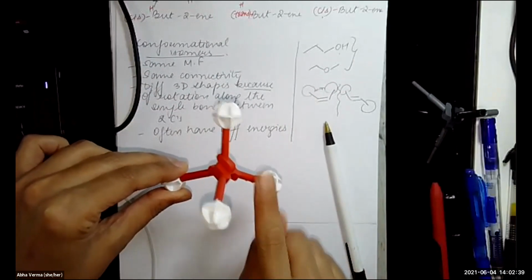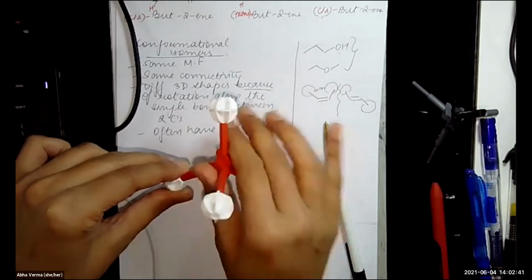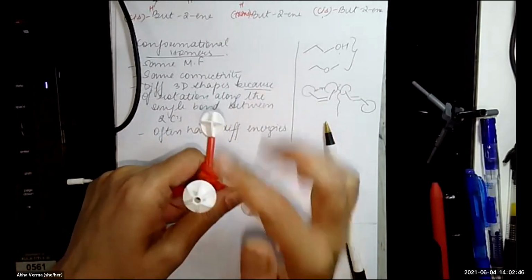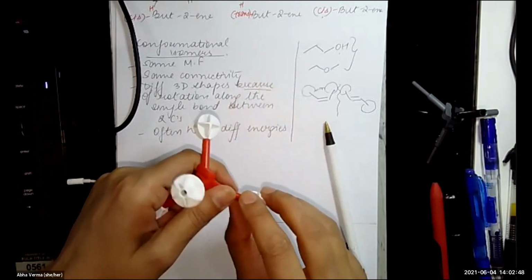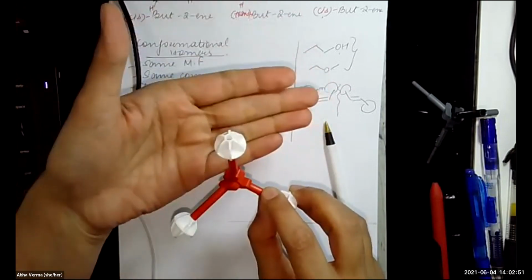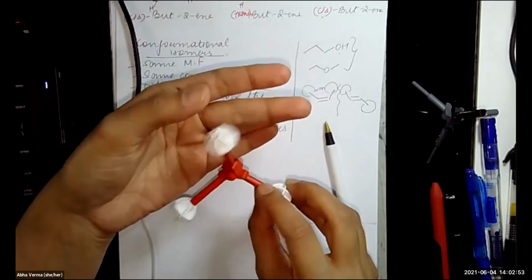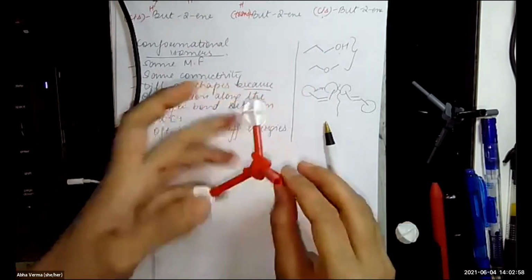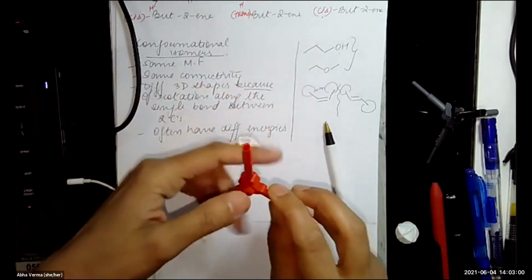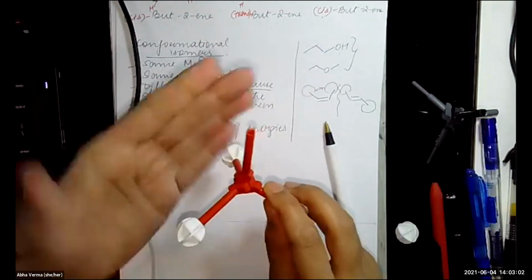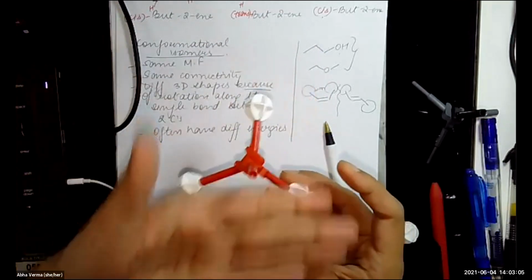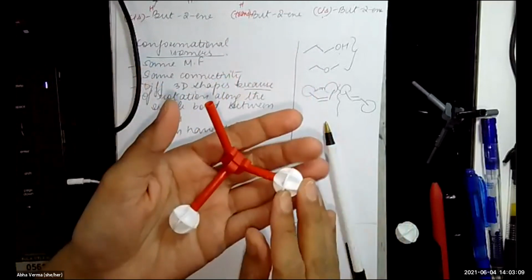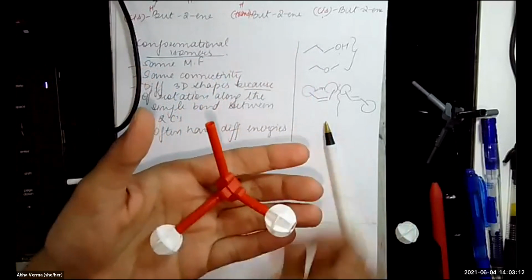Two of the bonds will always be in plane, while of the other two bonds, one of them will be coming out to you and the other will be going back from the plane. And so this is the wedge and the dash bond. This red line right here is coming out of the plane. Which plane? This plane. So let's say I have my hand as my plane. Can you see the back bond?